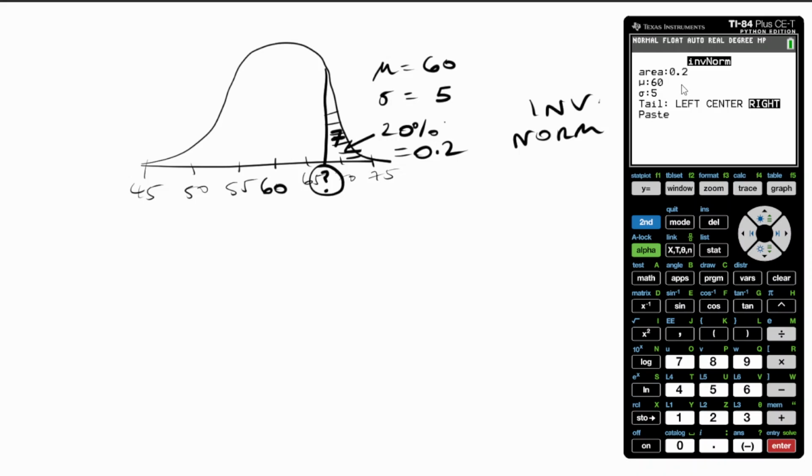If you've got the old software, it's preset for left, in which case you would have had to put into the calculator 0.8 because there's 0.8 probability on the left. You get the same answer, it's just a different way of doing it. So I'm going to stick to this way because I know it's 0.2 to the right of the point I'm looking for. And then paste.